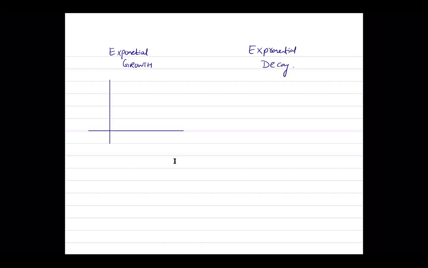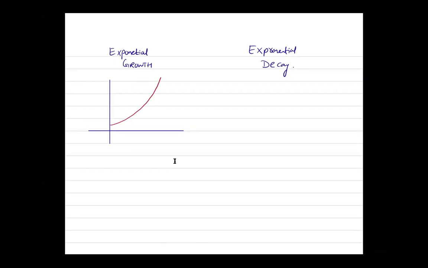Now, if a population is increasing, we are going to call it exponential growth. If something is decreasing and it has an exponential equation involved, then you're going to say it's exponential decay. It depends on the equation as well. For growth, the value is increasing.